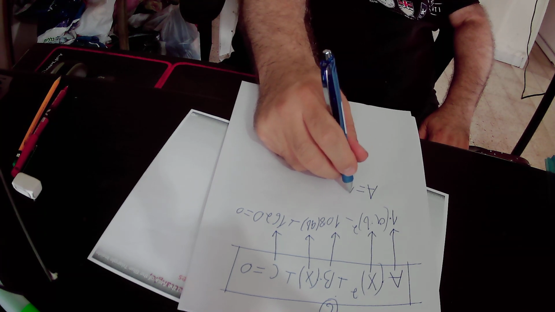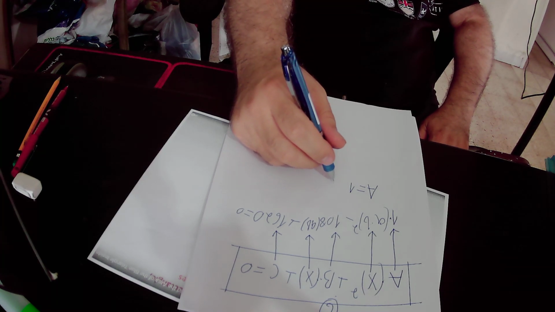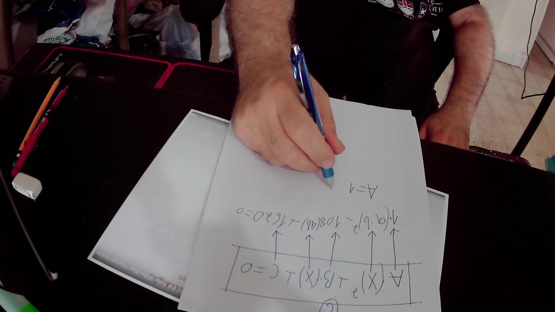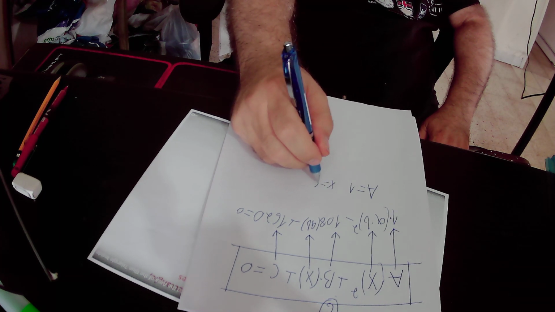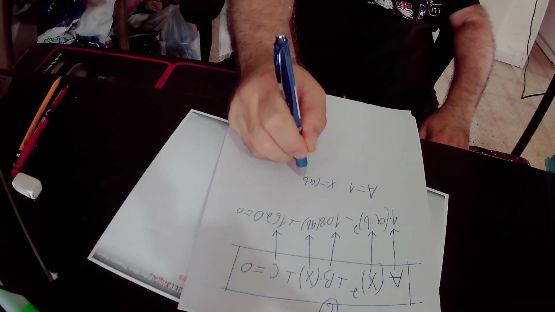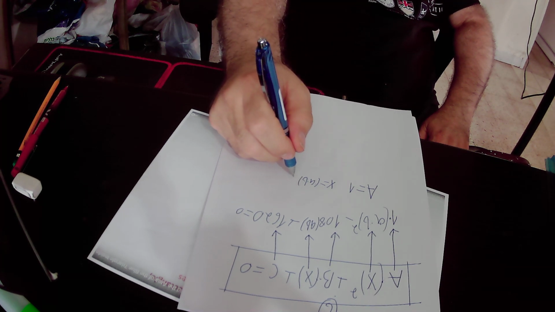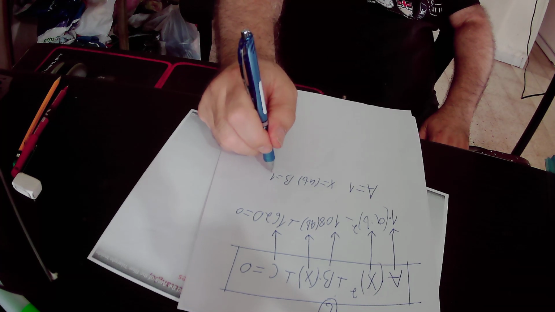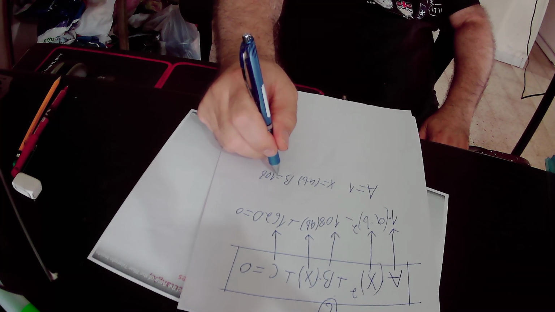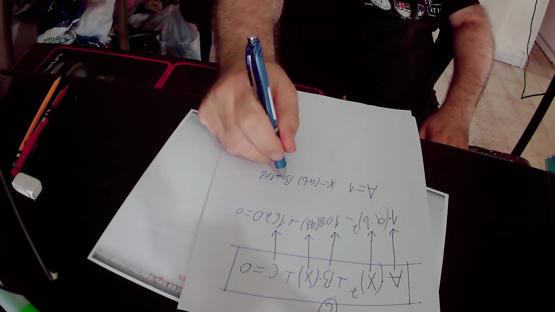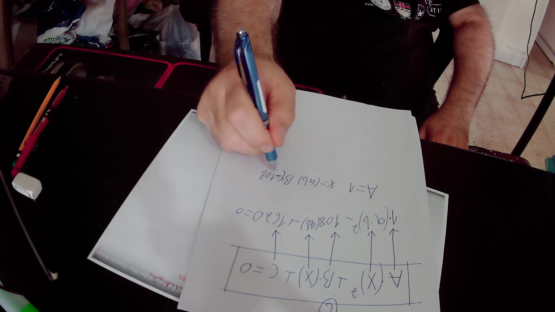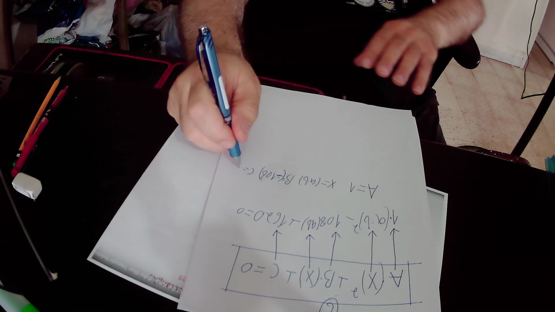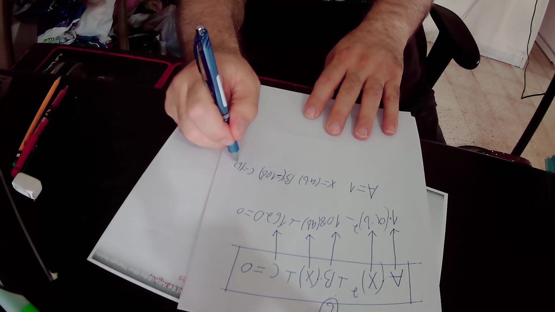Okay, A equals 1. X equals a times b. B equals negative 108. And C equals 1620.